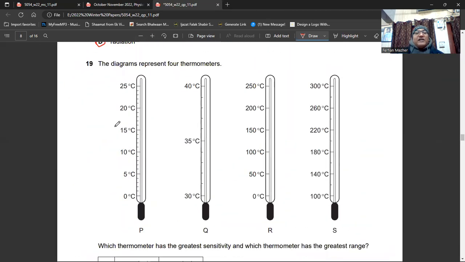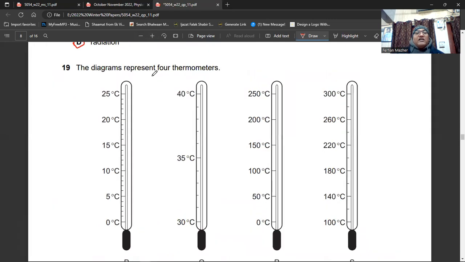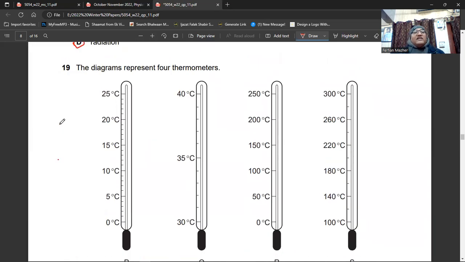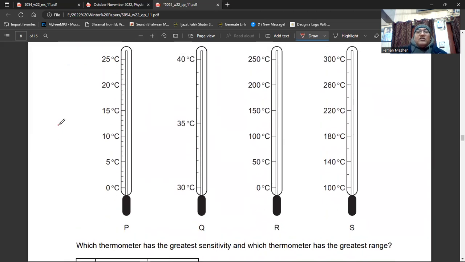The next question coming up on your screen is question number 19. Here we have which thermometer has the greatest sensitivity and which thermometer has the greatest range. The question is the diagram represents four thermometers. You see all four thermometers have the same length. The size of their bulb is the same. Their structure is almost the same, but the range is different.